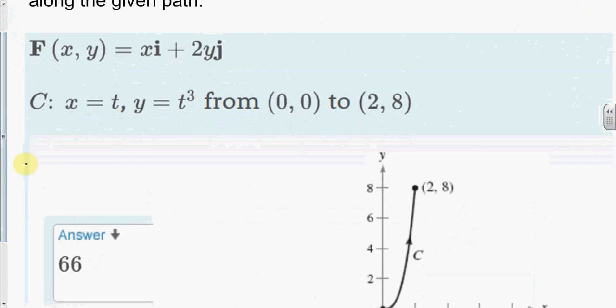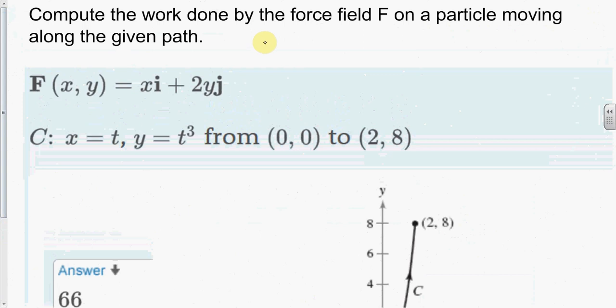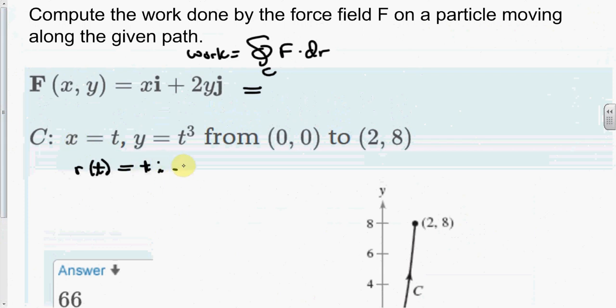And here, if we're computing the work, it is given simply as the line integral of F dot dr. So I need to write out this r of t, but they tell us that x is equal to t, so this is ti plus, and y is equal to t cubed, this is t to the third j.